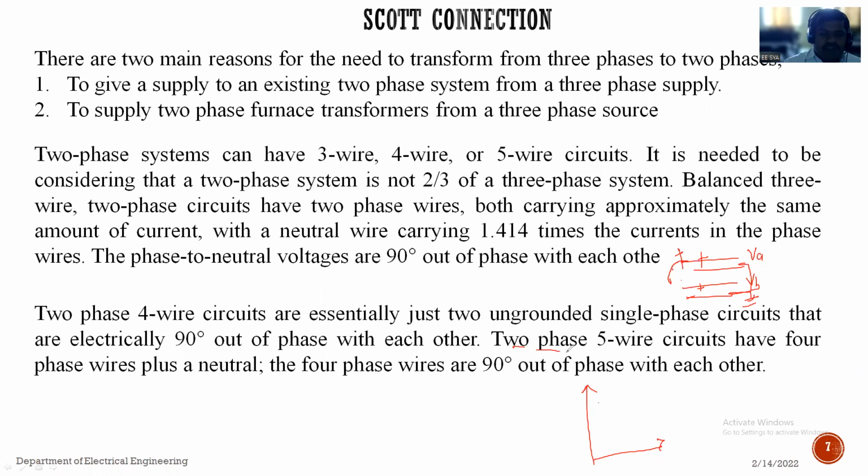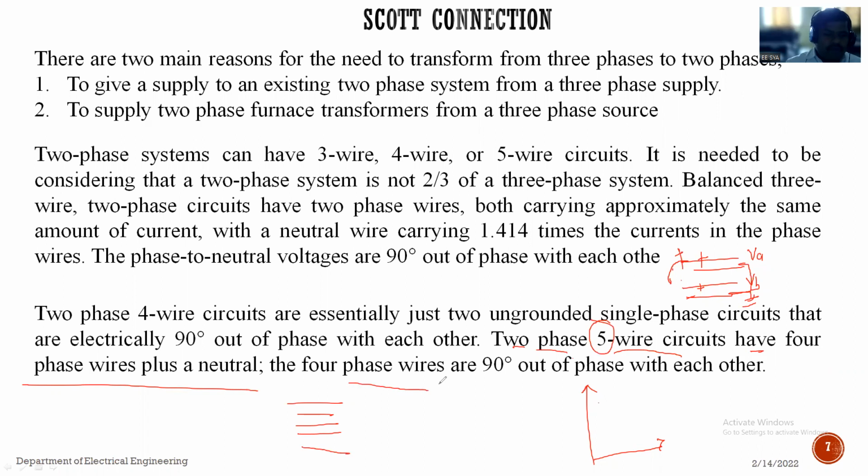And a 2 phase 5 wire circuit has 4 phase wires. I have told here 3 phase 3 wire, 3 phase 4 wire, as well as 5 wire circuit is there. So in case of a 5 wire circuit, it has 4 phase wires plus a neutral wire. 5 wire circuit मध्ये काय असतात? 4 phase wires and one neutral wire.